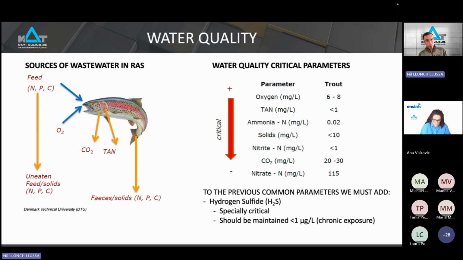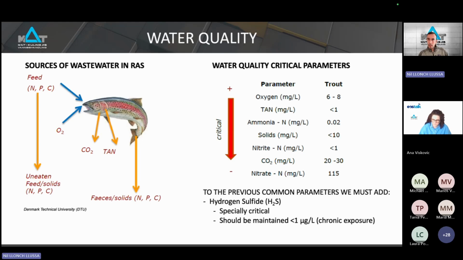Then the feed that is consumed by your trout, for example, in this picture there's a rainbow trout, is processed, and part of these different nutrients are excreted, mostly as particulate matter, feces, and also some other dissolved substances. In addition, your fish breathes, so it consumes oxygen and produces CO2.